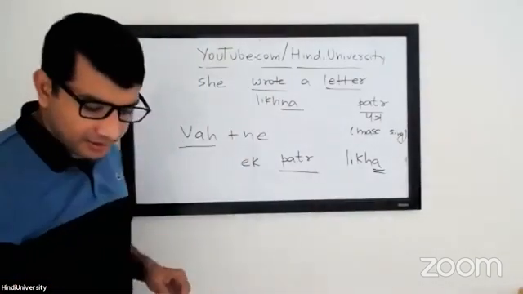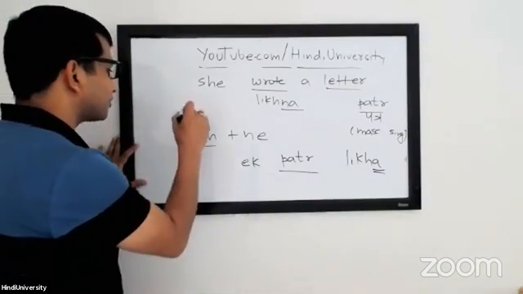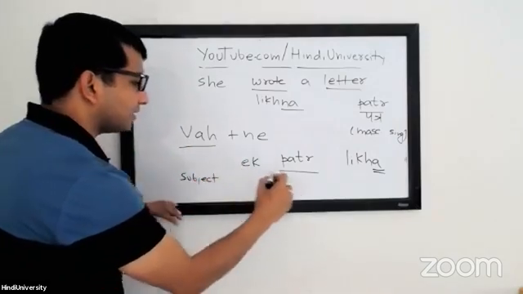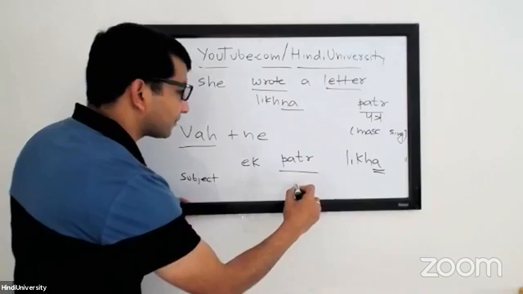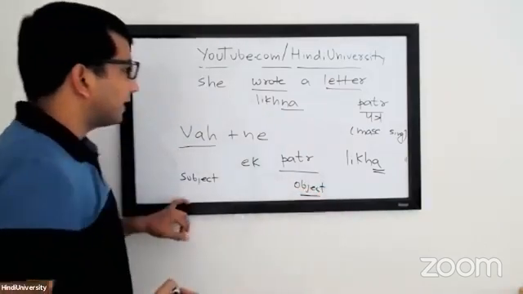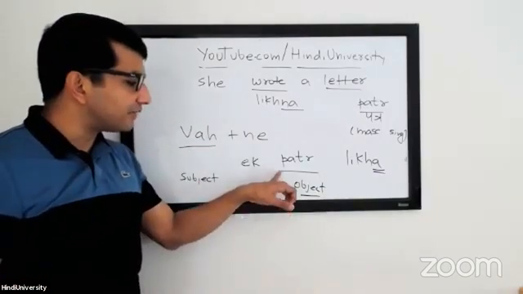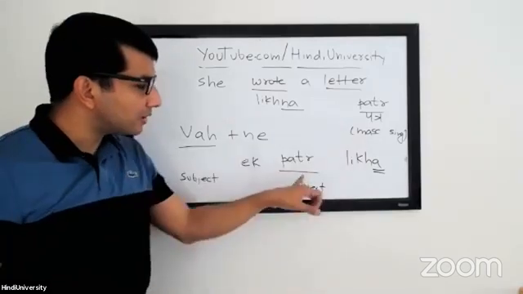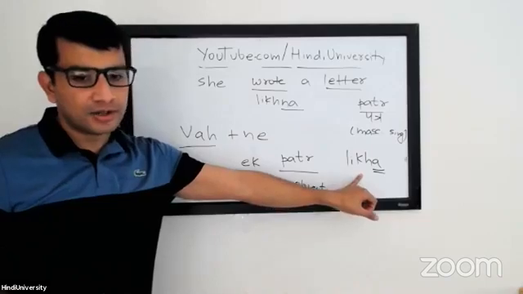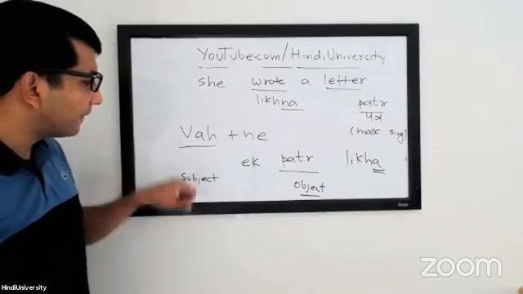So this is your subject, she, and this is your object. You're saying it doesn't matter what the subject is; I'm looking at just the object. If it is masculine singular, I'm removing the na and putting a. True? Yep. Okay, awesome. उसने एक पत्र लिखा.